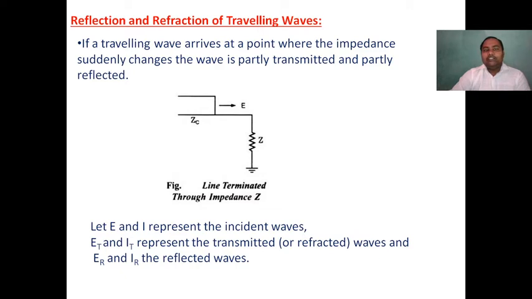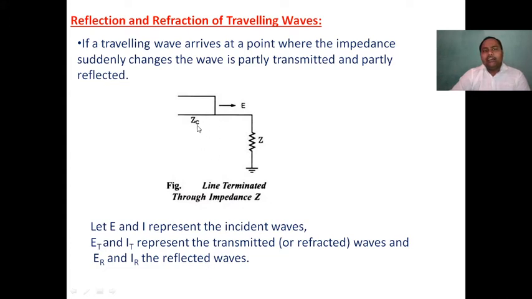So the transmitted voltage is equal to the sum of the incident voltage plus the reflected voltage. The transmitted current is equal to the sum of the incident current plus the reflected current. The incident current means the wave is traveling from the sending end to the receiving end. The reflected current means the wave is traveling from the receiving end to the sending end. So ER and IR are the reflected waves.